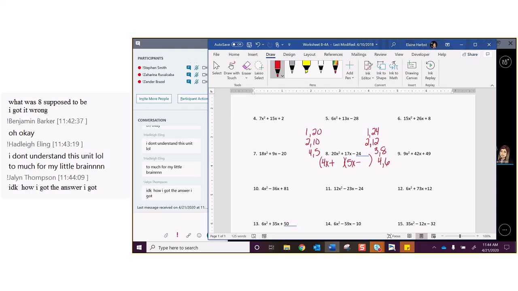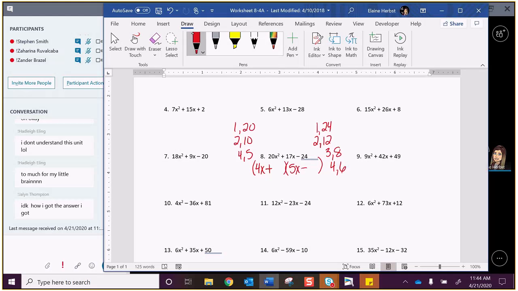I could start with 1 and 24, but then I start thinking, okay, if I put 24 right here, 24 times 5, that's a humongous number. There's no way I'm going to get back down to 17. Even 2 and 12, putting a 12 here would give me 60. Putting a 12 back here gives me 48 with that 4. Again, those numbers are still huge.